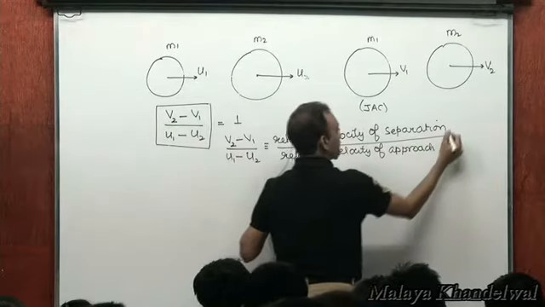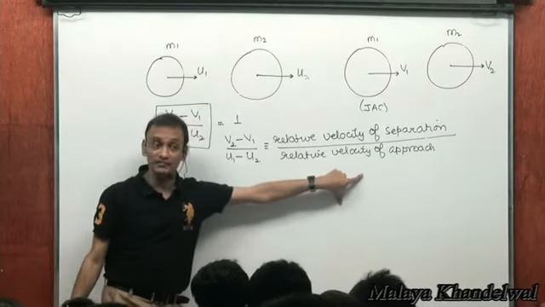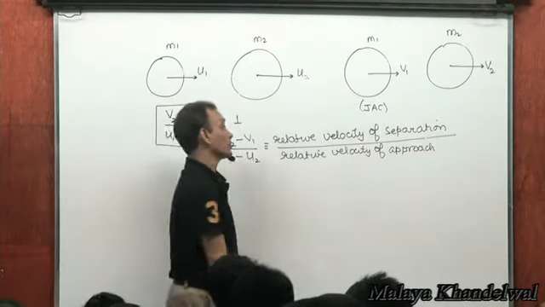Along the common normal, everything along the common normal. This is relative velocity of separation along the common normal divided by relative velocity of approach along the common normal.